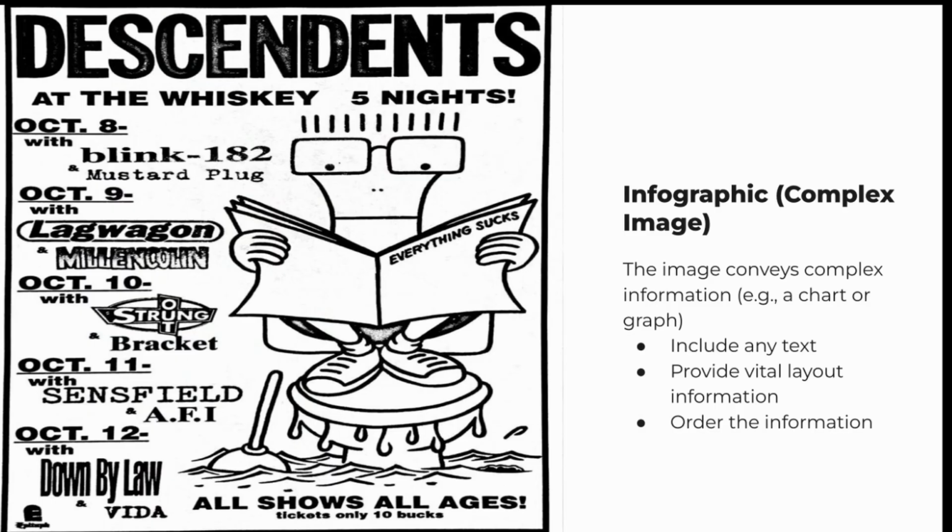We're going to say the Descendants are playing at the Whiskey for 5 nights, and these dates they're playing with these bands. And this lineup is great. I mean, Lagwagon, Mustard Plug, what great stuff. You want to say that there are all these shows, and then say that there's the album cover of Milo on Everything Sucks. But again, it's that order, making sure that it makes sense when someone can't see the visual layout.